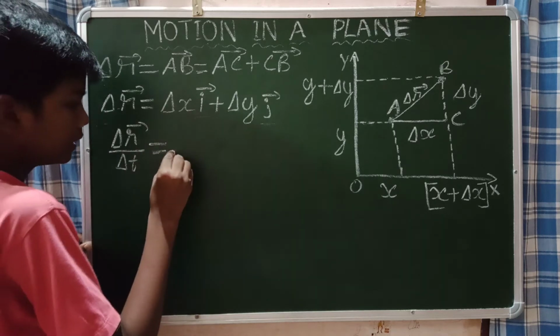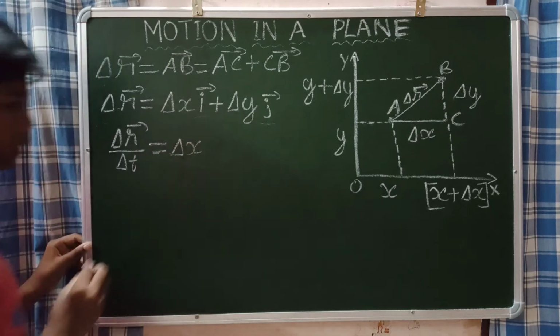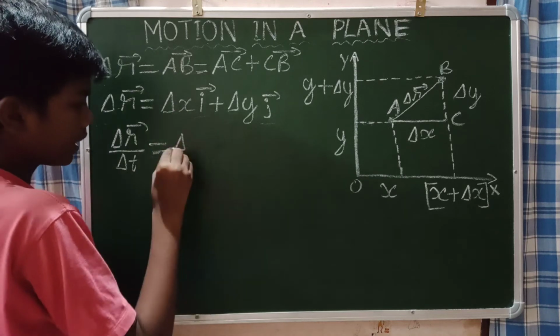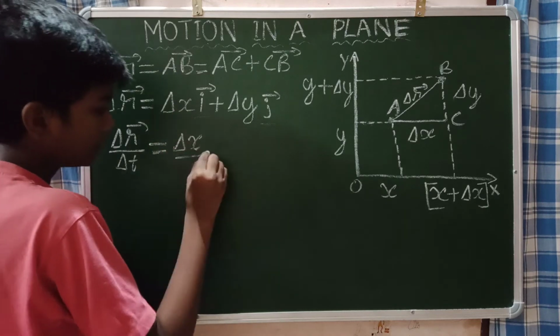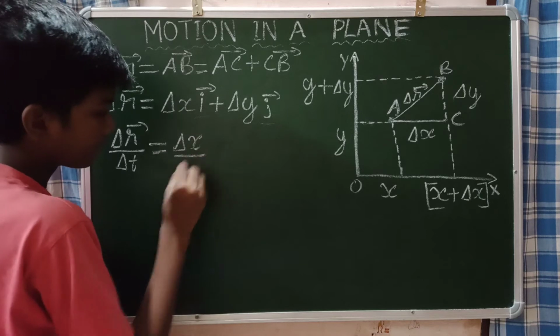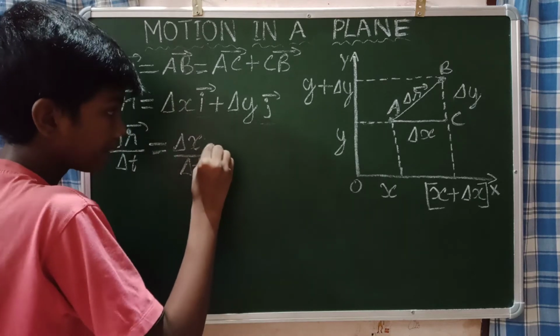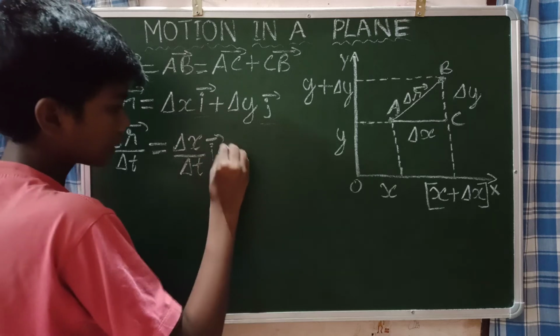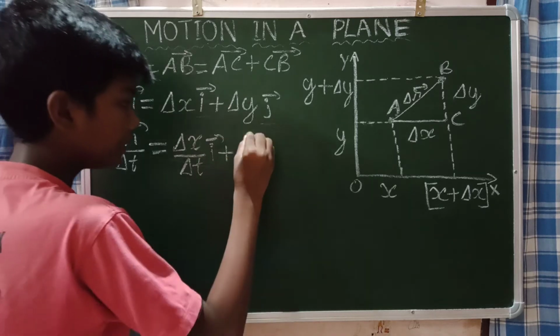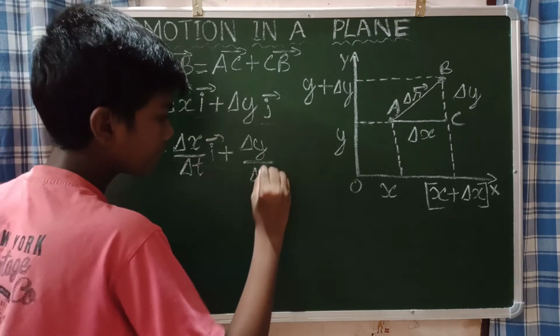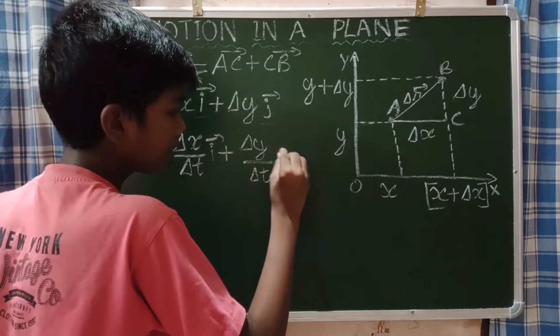That means delta x divided by delta t, i unit vector, plus delta y divided by delta t, j unit vector.